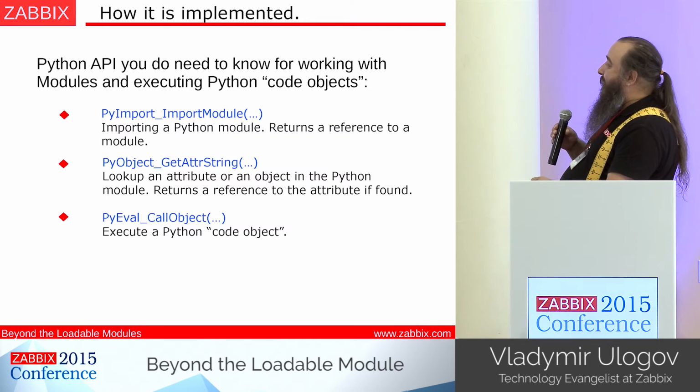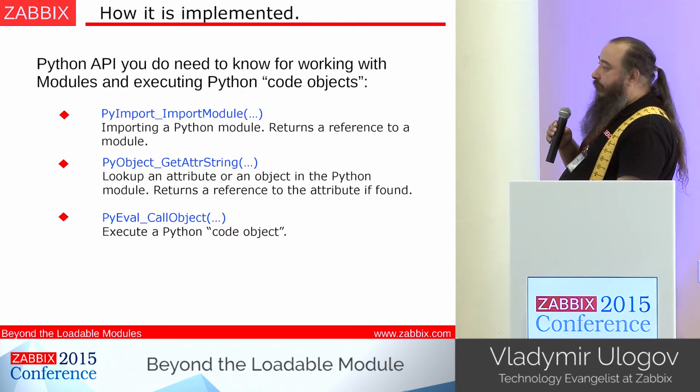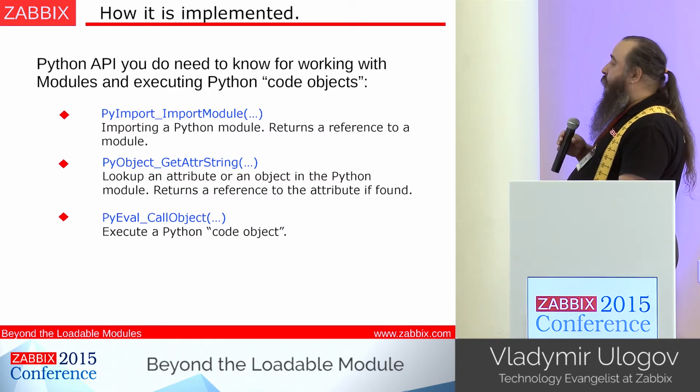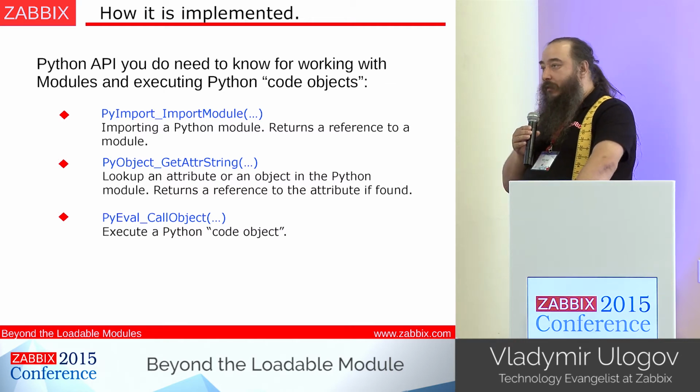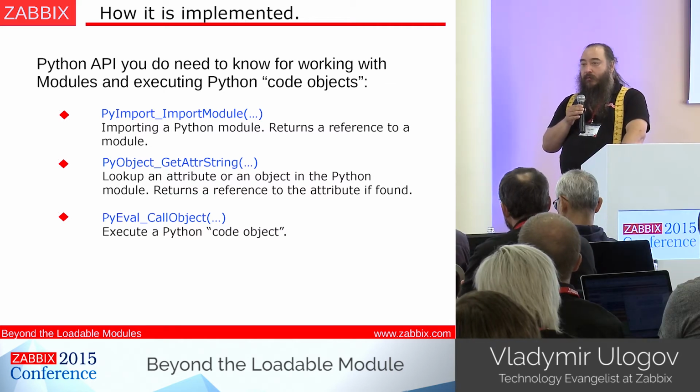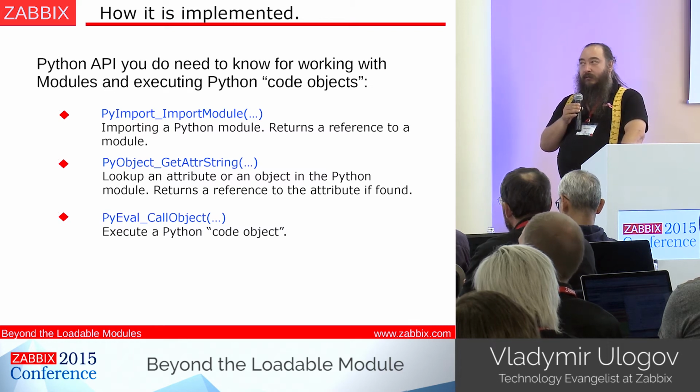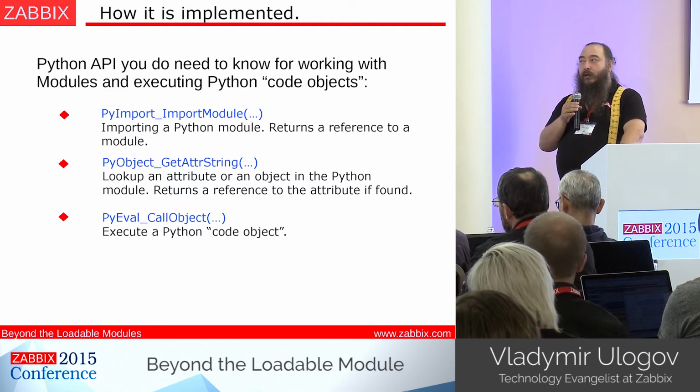PyImport_Module. This function imports the Python module, returning the reference to the module, and you can work with this reference from inside your code. PyObject_GetAttrString. When you get your reference to the module, using this function you can find the function which is implemented within the module.